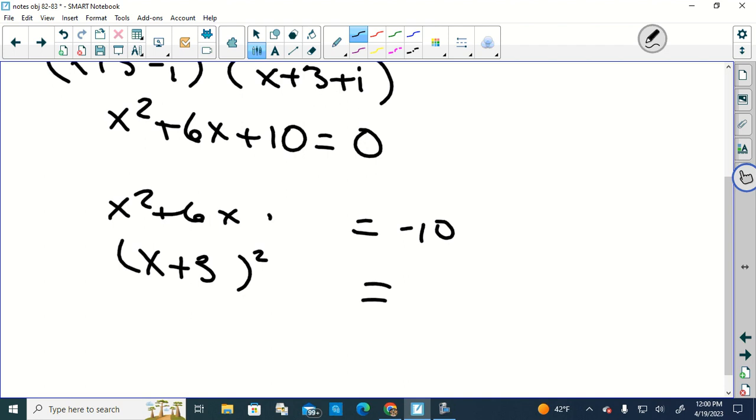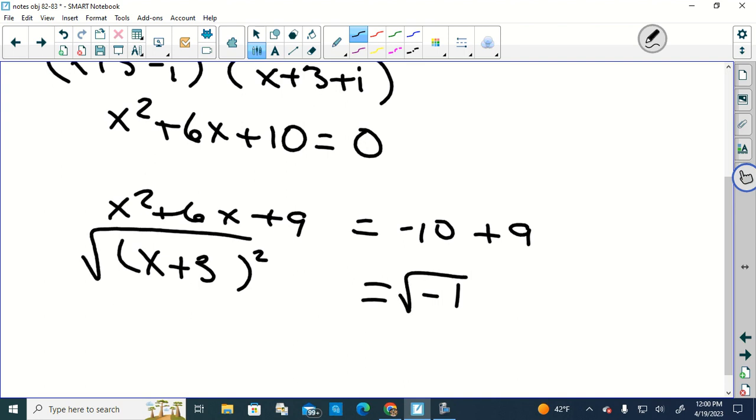What goes there? Plus 9. What I do to this side, I've got to do to this side. So this is going to have negative 1 here. Then we take the square root, and the square root gets rid of the square. This leaves x plus 3 equals, but when that comes out, it's going to change to i.